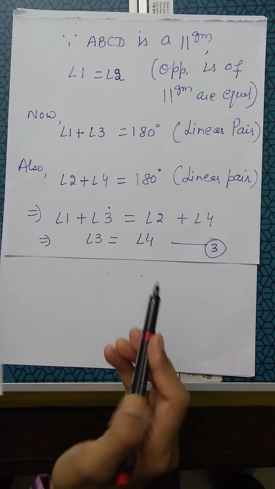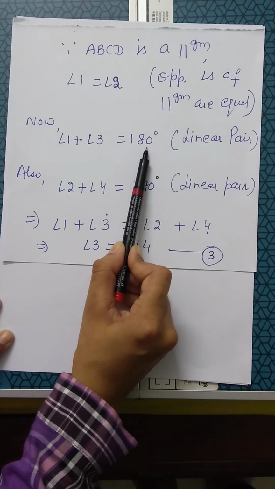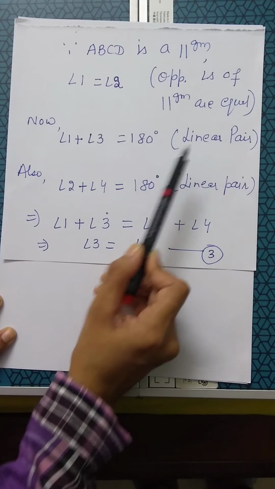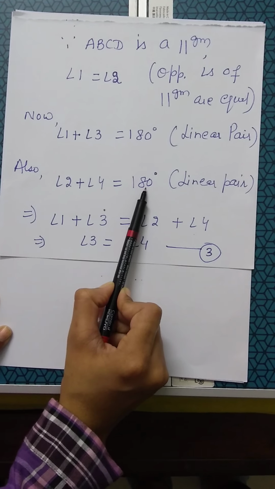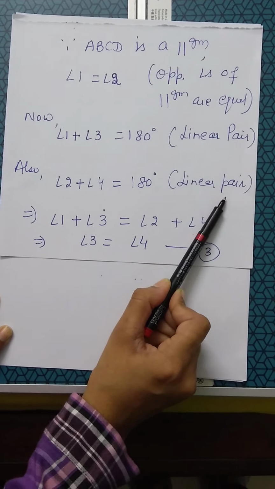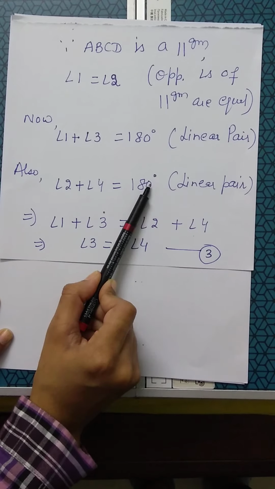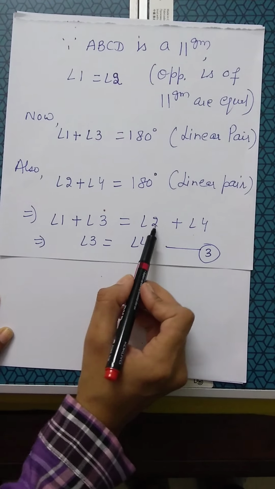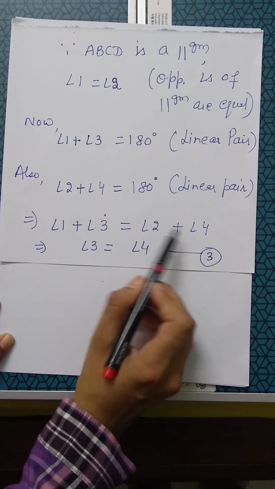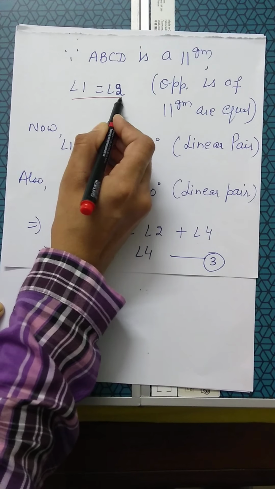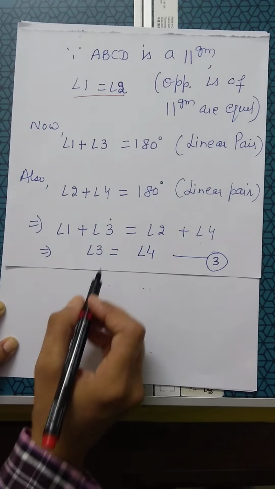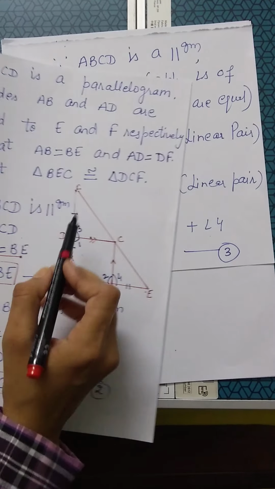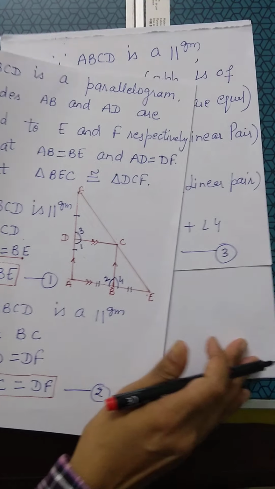How will we write it? 1 plus 3 is 180 degrees, linear pair. 2 plus 4 is also equal to 180 degrees, linear pair. Right hand side equal, that means left hand side will also be equal. So 1 plus 3 will be equal to 2 plus 4. But we already know angle 1 is equal to angle 2. This implies angle 3 will be equal to angle 4.